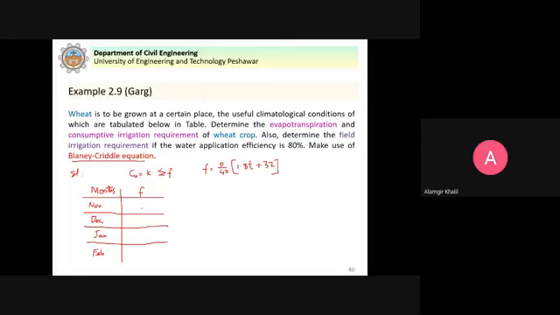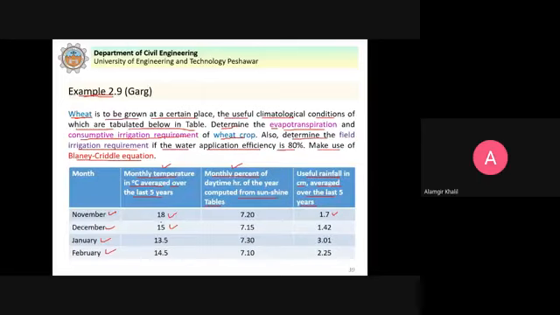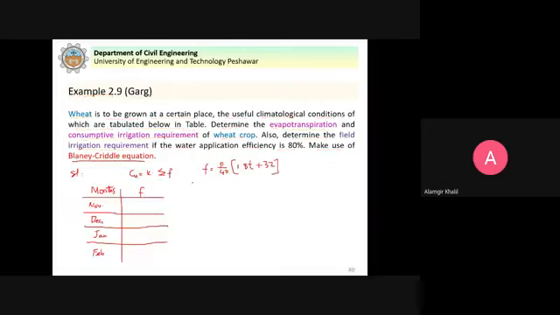So now what we can do is that for November, T is equal to 18 degree C. And what is P here?